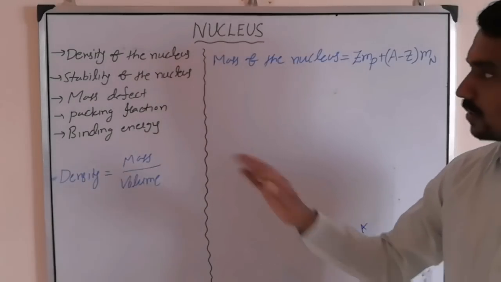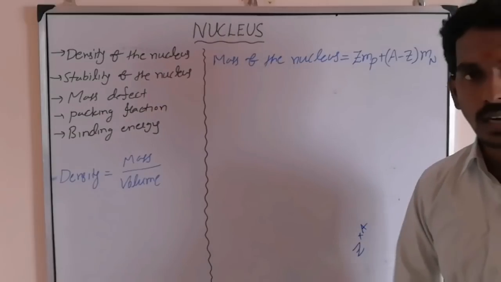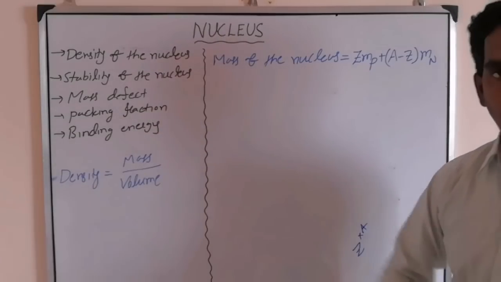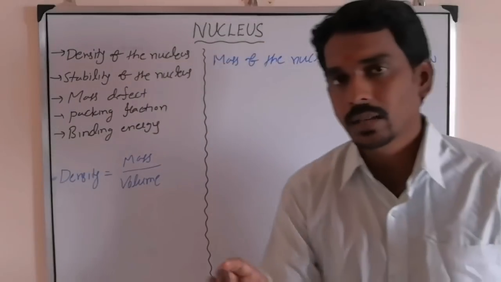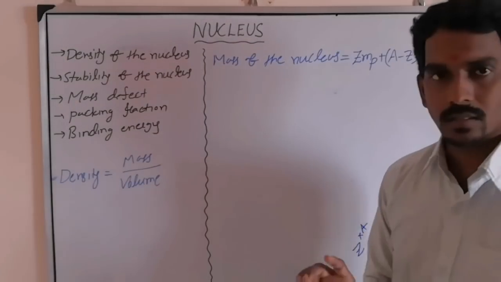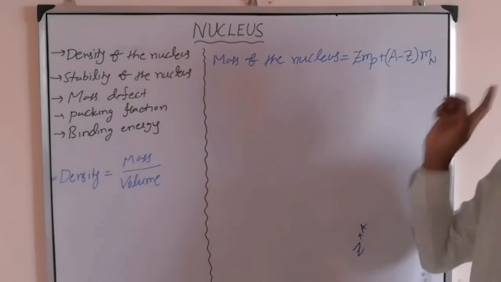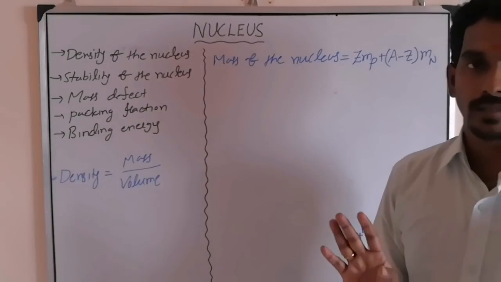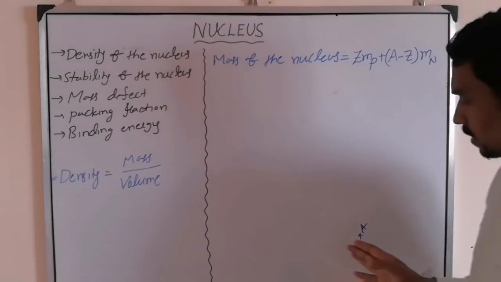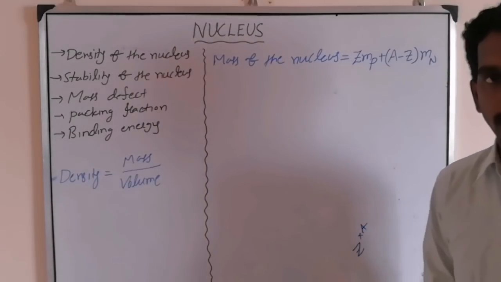That difference we will understand in the binding energy concept, the mass defect concept. But right now just take this. Either they give the mass of the nucleus directly, take that mass, otherwise calculate this. Either way you need the mass of the nucleus.